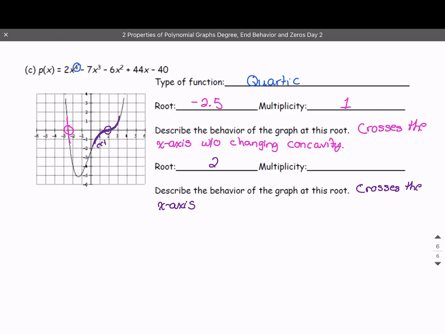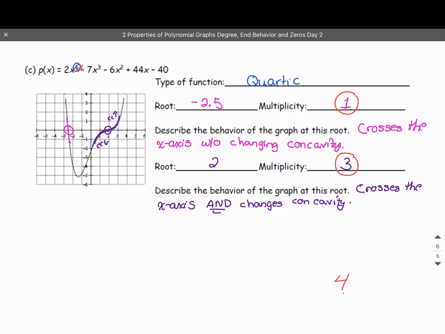So this is concave down and this is concave up. So it crosses the x-axis and changes concavity, which means we have a root of multiplicity 3. Now if we look at our multiplicities, 1 plus 3 is 4. We have 4 roots for a 4th degree polynomial. We are good.